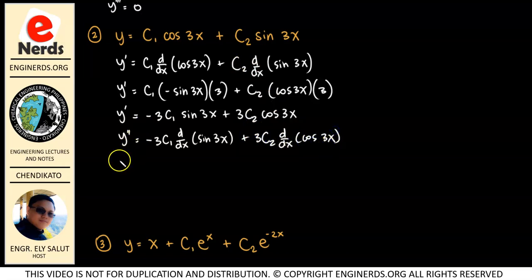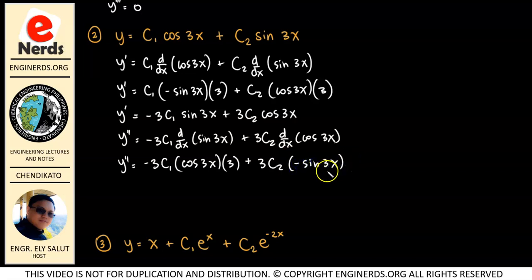Okay, so our y double prime is equal to our constant negative 3c1, then the derivative of sine 3x, which is cosine 3x, times the derivative of 3x, which is 3, then plus our constant 3c2 times the derivative of cosine 3x, which is negative sine 3x times the derivative of 3x, which is 3.